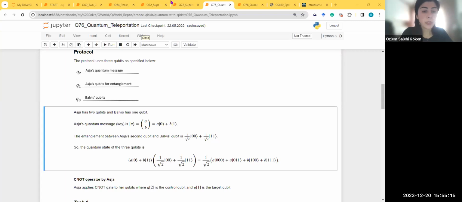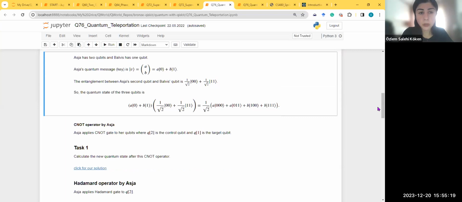Okay. Now, this is how the protocol will work. First, Asya will apply CNOT on her qubits. So the first two are Asya's qubits, and Q2 will be the control, and Q1 will be the target. And what will be the new state?